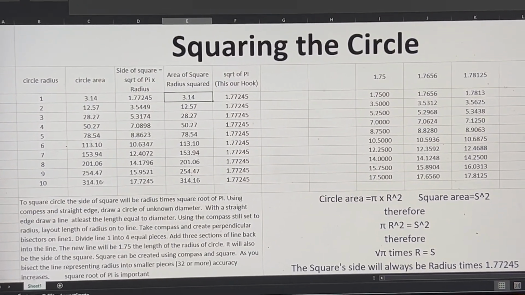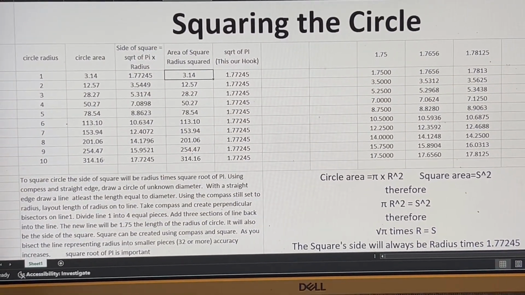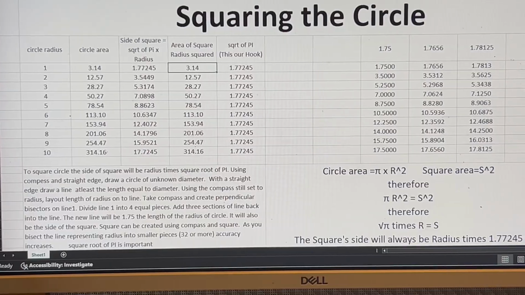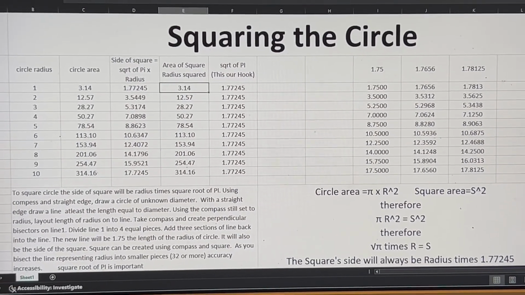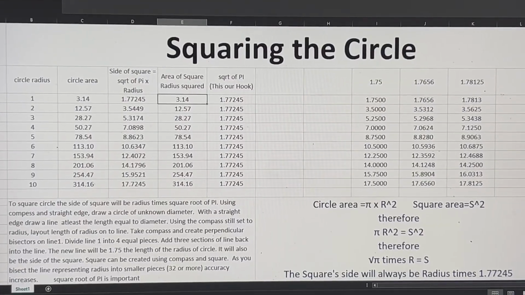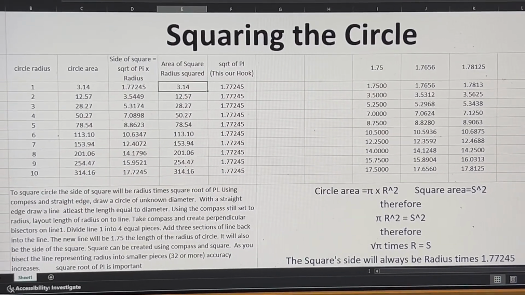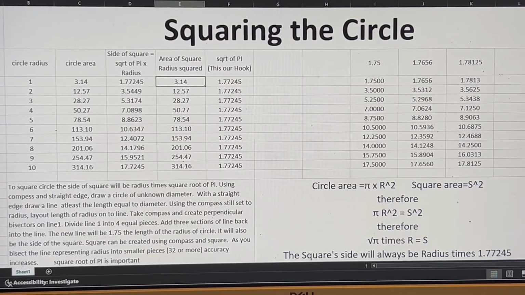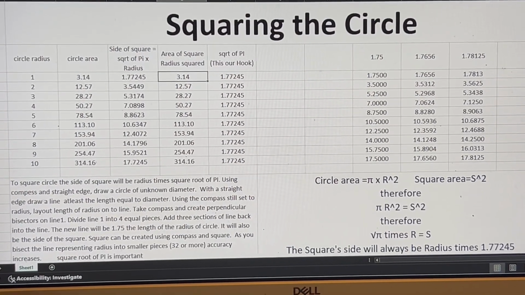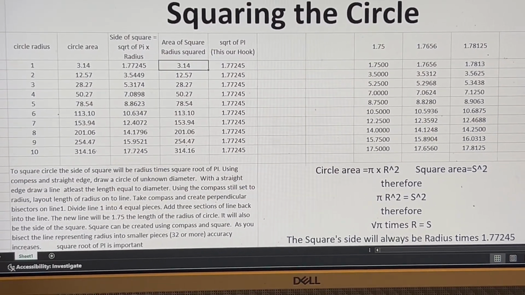I am another one of those idiots that are going to give it a shot at squaring the circle. The table just shows a lot of math that we probably all are aware of. Square root of pi.